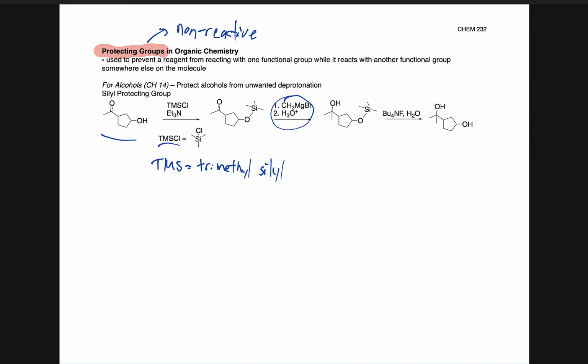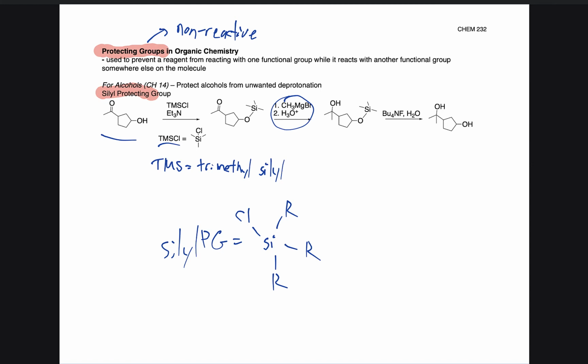And so the silyl protecting group is a silicon group essentially. Silyl protecting groups in general tend to have this general format of a silicon atom and then 3 different alkyl groups attached to it, and then usually something like chlorine or whatever as a leaving group to affix it to the alcohol.